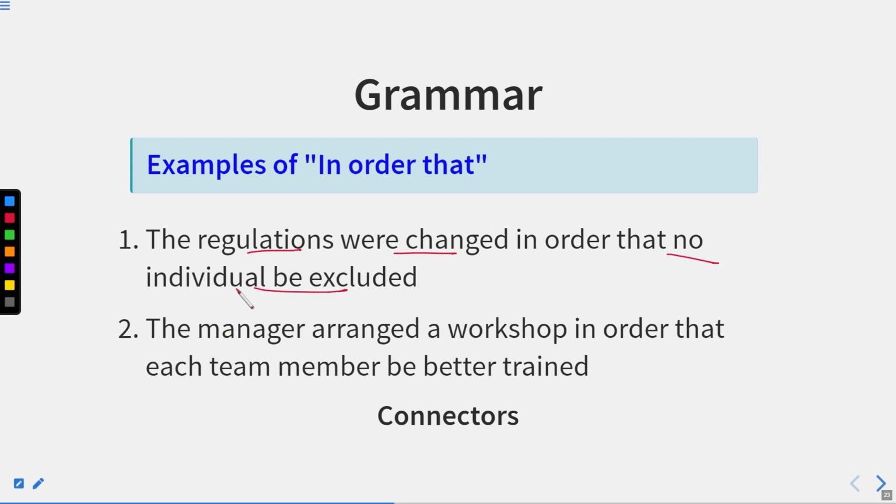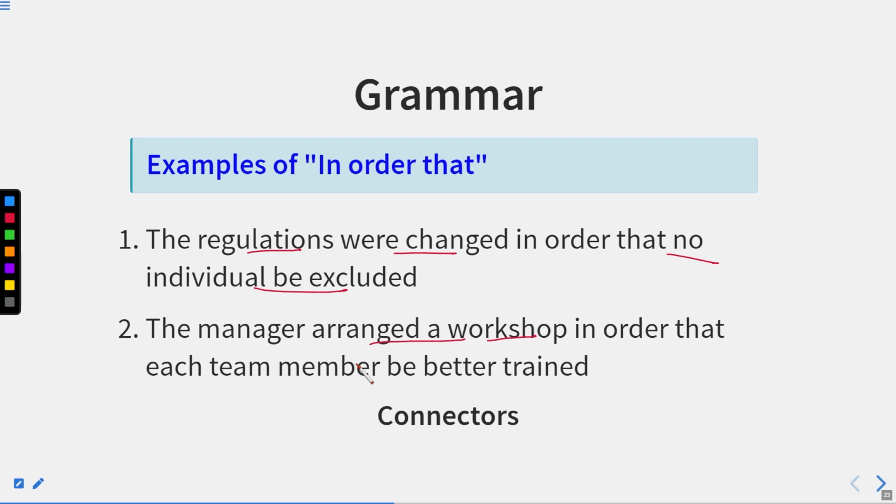It means every individual should be informed about that or should be well aware of the regulations. They should not be excluded. The manager arranged a workshop. For what? A workshop is just to train his employees, each member. So there must be training for all of them. Therefore, this workshop has been arranged.